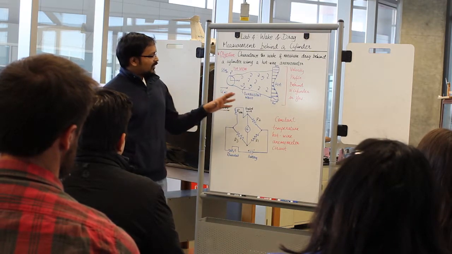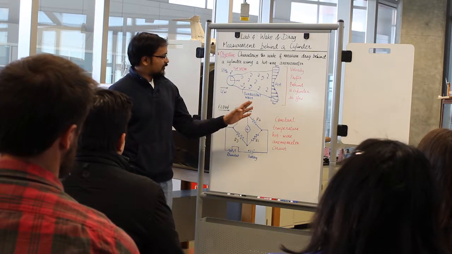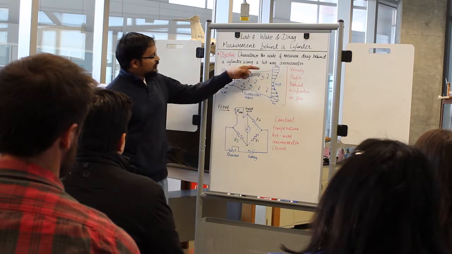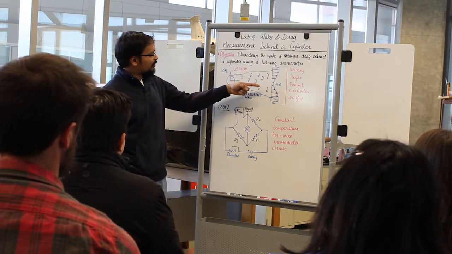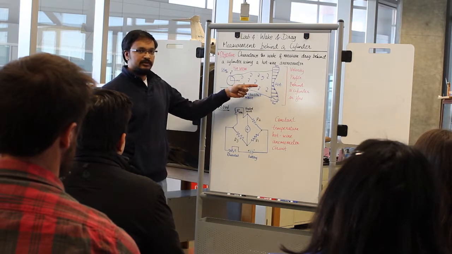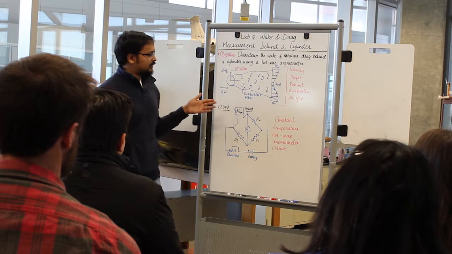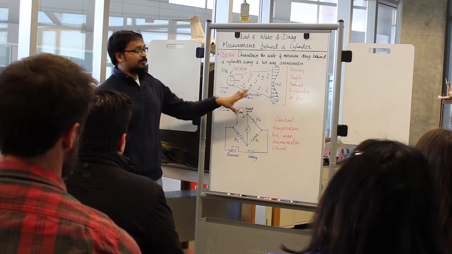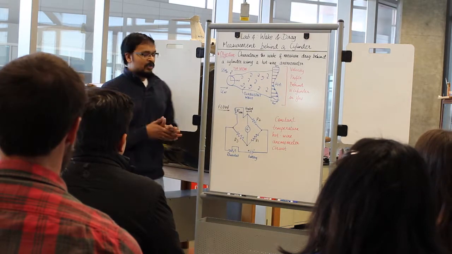So if we measure the velocity at some location downstream of that cylinder, you will see that the velocity changes from the free stream velocity, and as you go behind the cylinder, the velocity decreases, and as you move away from it, the velocity again increases. So that's the velocity profile behind the cylinder, and that's what we will measure and you will analyze.